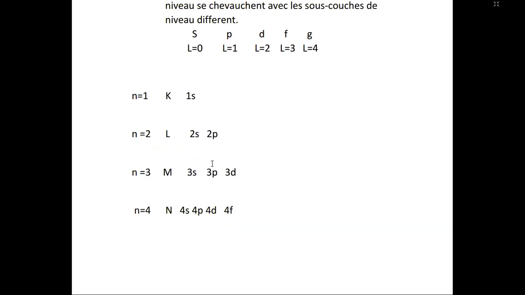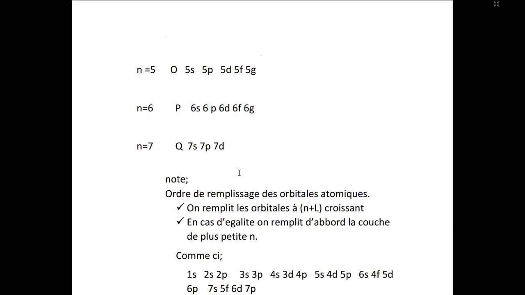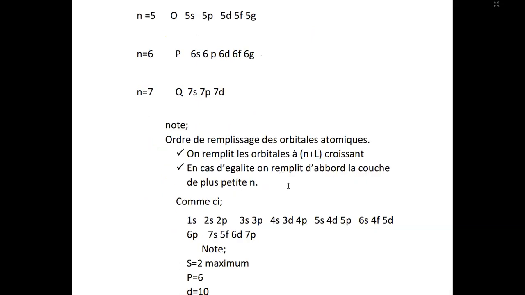So here, in case of an égalité, we first fill the shell of smaller n. If there's a tie between n plus L, we first fill the shell which is less in terms of n.